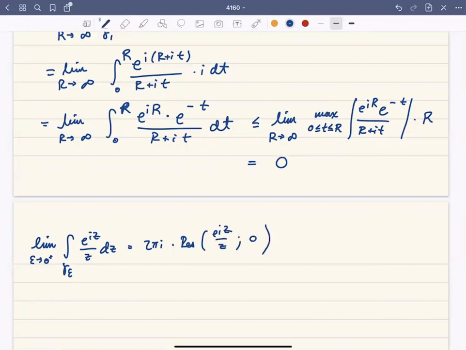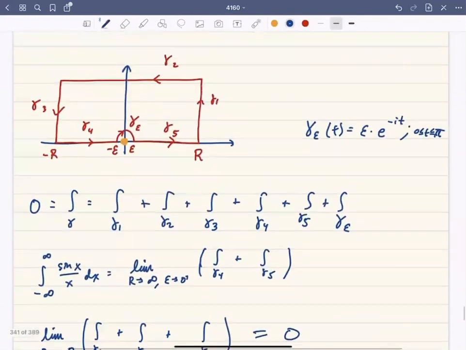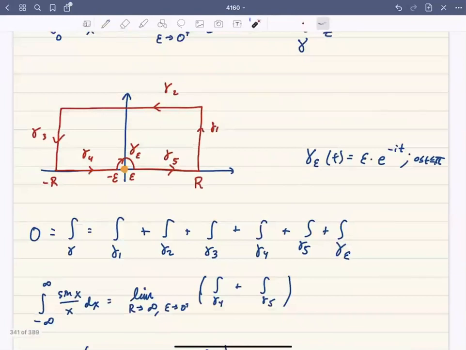I'm sorry, not 2 pi i, I apologize, just pi i. The reason why it's pi i is that we're not integrating over the entire circle, we're integrating over a piece of a circle with arc length pi.